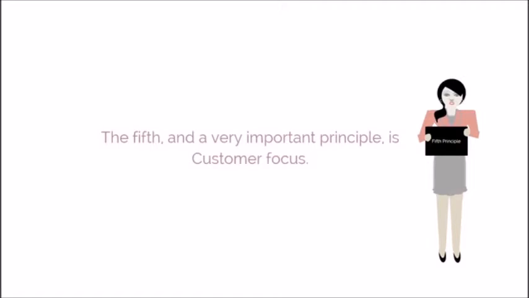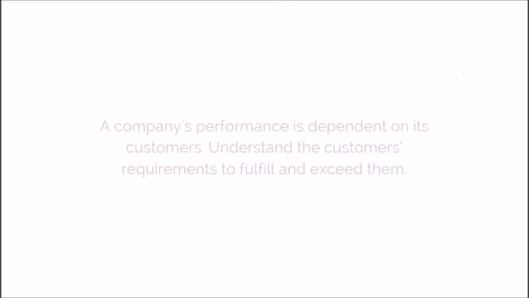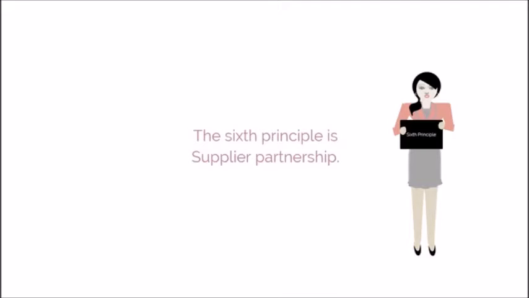The fifth, and a very important principle, is customer focus. A company's performance is dependent on its customers. Therefore, it is important to understand the customer's requirements and not only fulfill them, but also exceed them. And the last principle is supplier partnership.